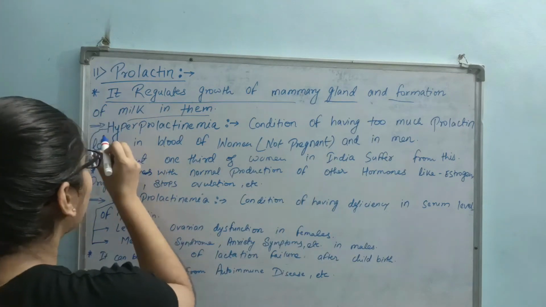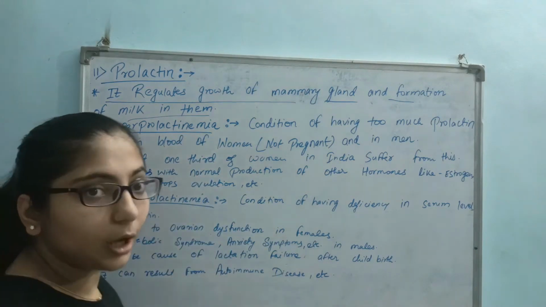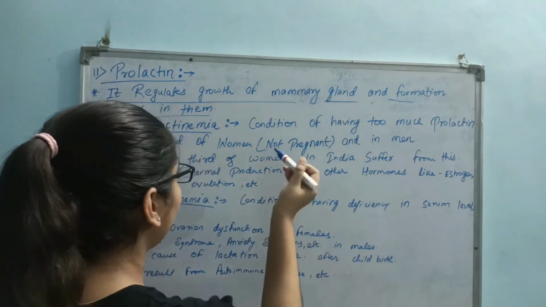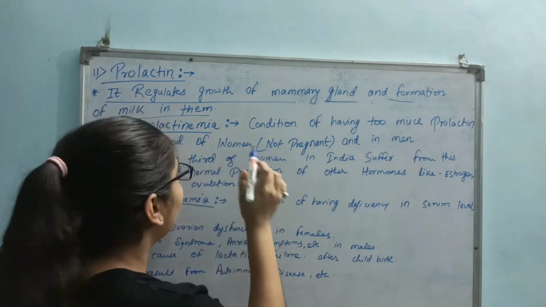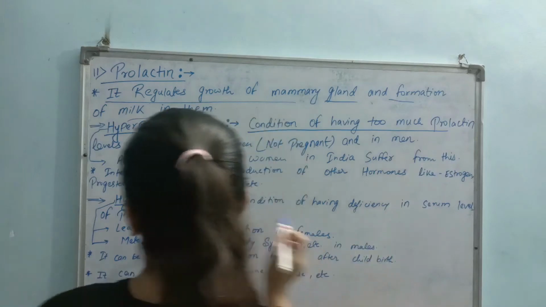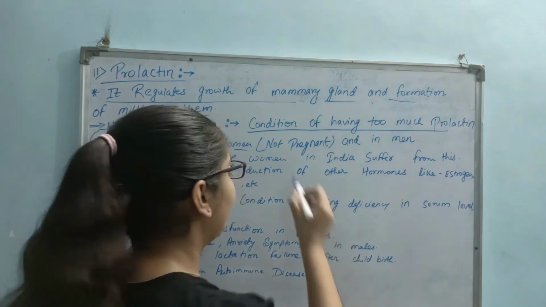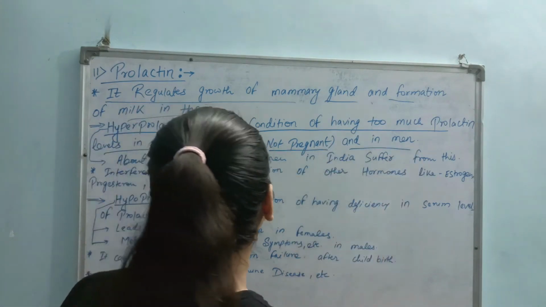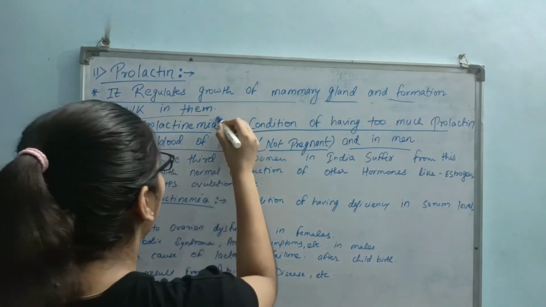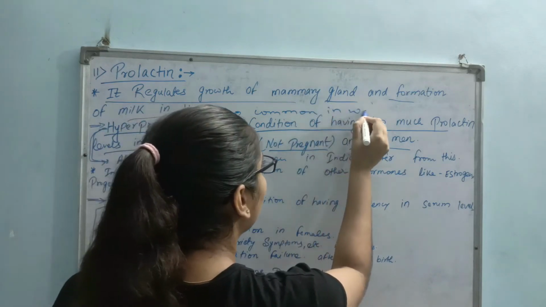Now there are two types of disease, hyperprolactinemia and hypoprolactinemia. Now let's understand what these types of disease are. Hyperprolactinemia is the condition of having too much prolactin level in the blood of women who are not pregnant and in men. This disease is very common in women.